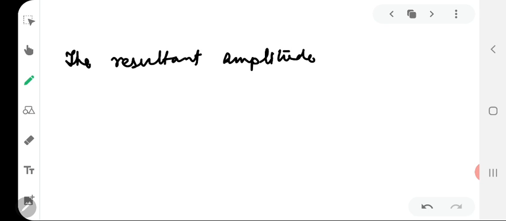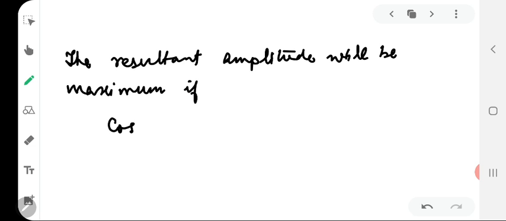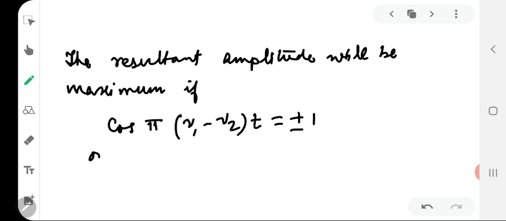So obviously the resultant amplitude will be maximum if cos pi (nu 1 minus nu 2) times t is equal to plus minus 1, or we may write down pi (nu 1 minus nu 2) t to be equal to n pi.